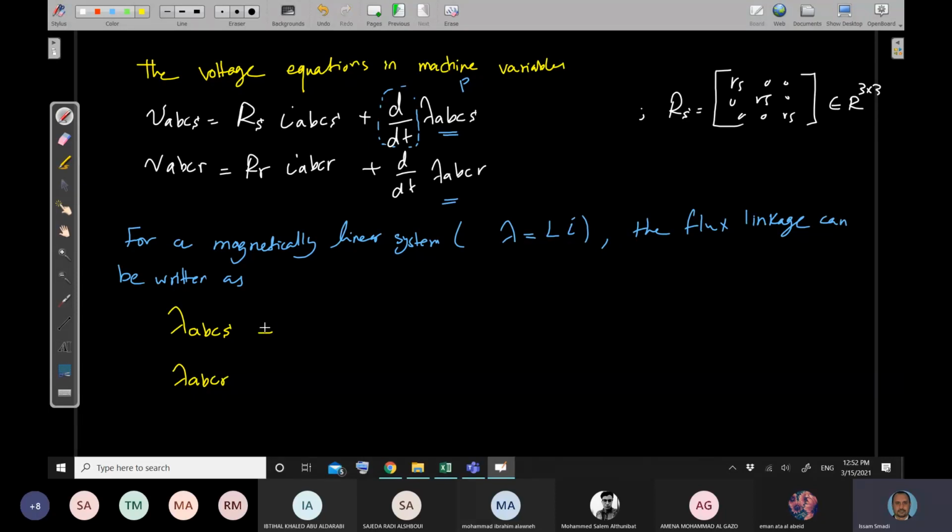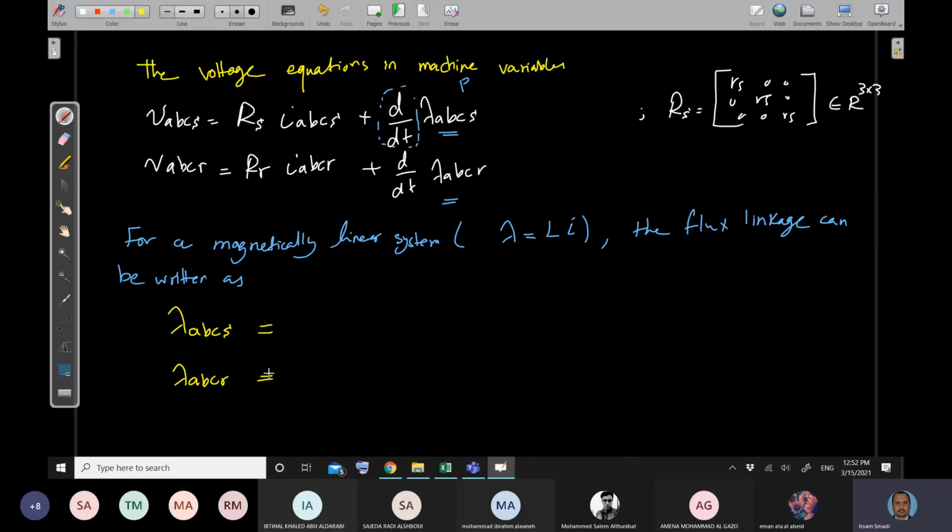Now the first one consists of two parts, yes? Which are? LS times IABCS plus the mutual LSR times IABCR. So simply you are telling me that the flux in the stator consists of two fluxes.